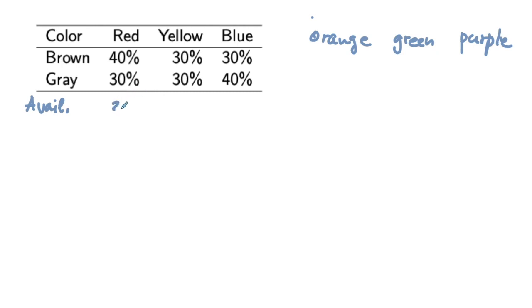We have 20 gallons of red, yellow, and blue available, and we have 10 gallons of orange, green, and purple. The requirement is to have at least 50 gallons of brown and at least 50 gallons of gray.